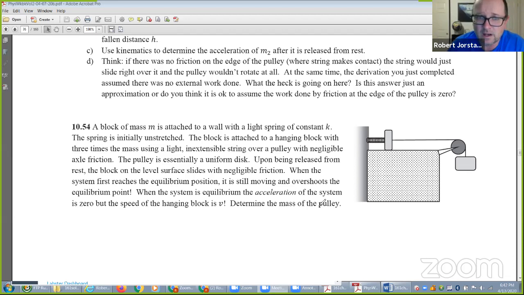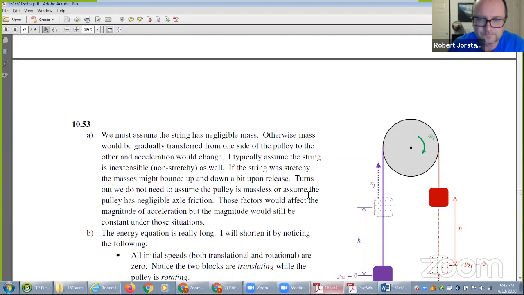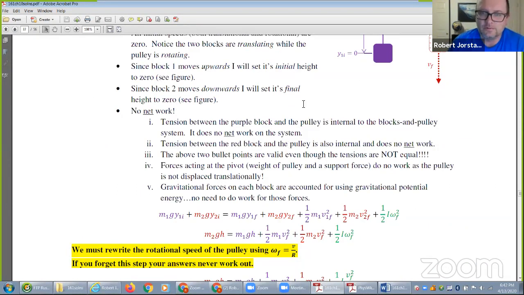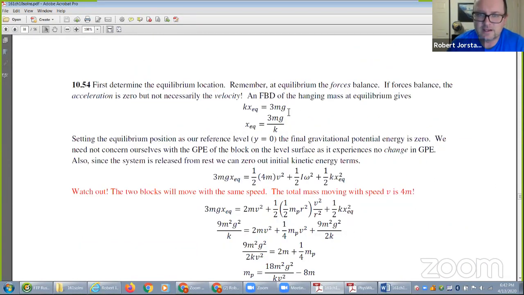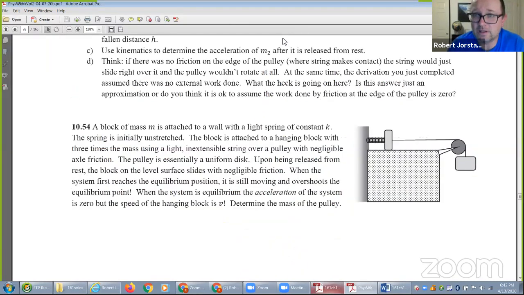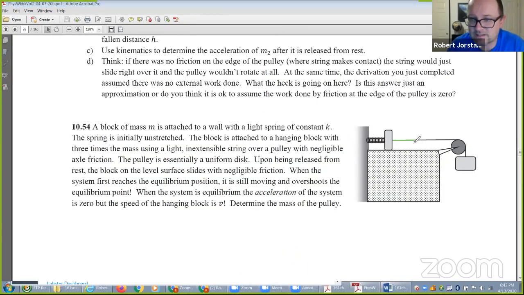All right, so looking at the solution really quick for this one. This shows you how you could get the equilibrium position. Now, I kind of glossed over this, but remember, in this problem, at equilibrium, that's the one case where this tension happens to equal this tension, which happens to equal this spring force.